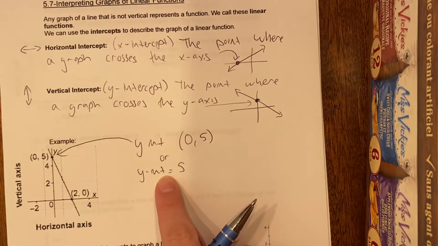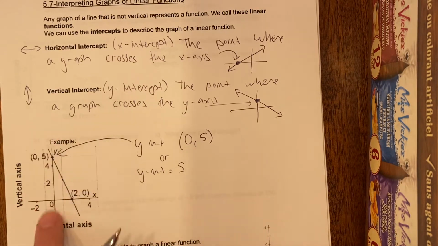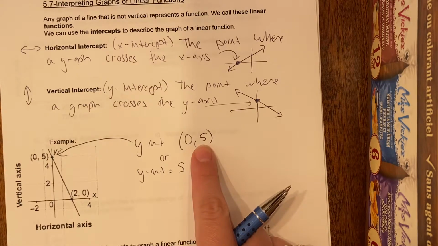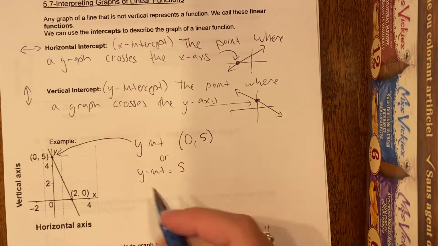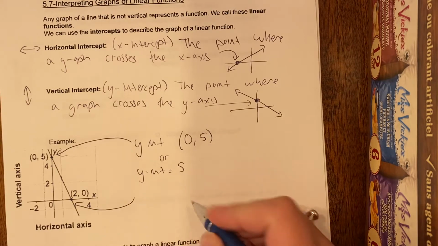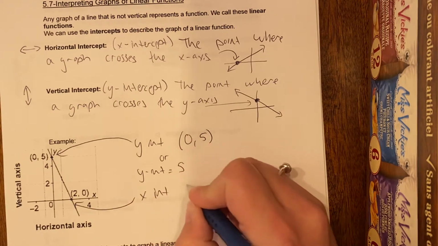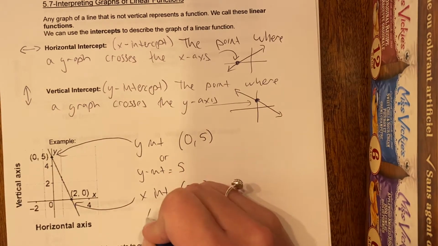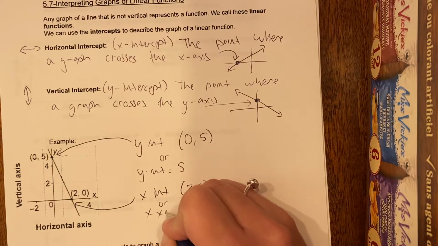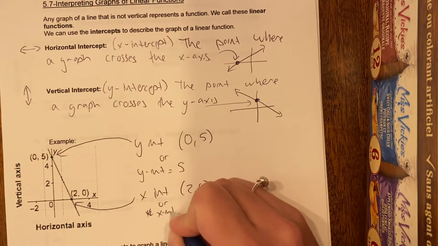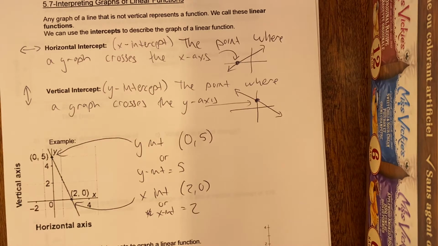Y-intercept, it's where I cross the y-axis. X would be 0 on that line, so the y part is just 5. This is my x-intercept, x-int (0, 2), or x-int equals 2. And then the 0 part of it is kind of just built in, because if I'm on the x-axis, then my y value must be 0, because I'm not going up or down or anything.